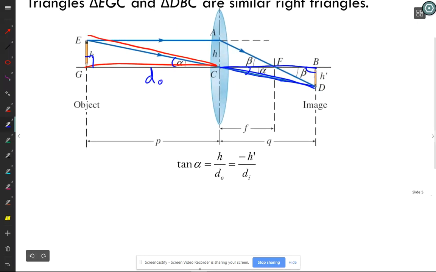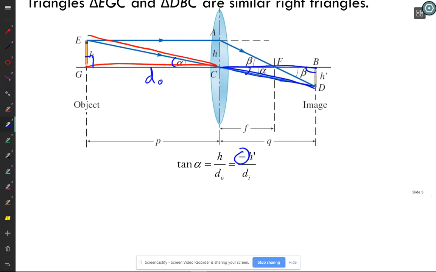If we look at the other side, we have tangent of alpha is the height of the image divided by the distance image. There's a minus sign thrown in here for a good reason. If the image is inverted, we say the image height is negative. So that's why we have the negative there, because H prime is negative in this picture. Tangent of the angle is going to be positive, so that's why we do the negative there. So it's correct and important.